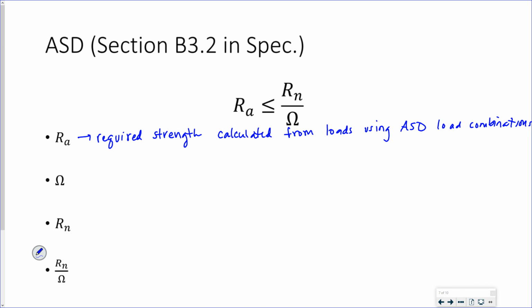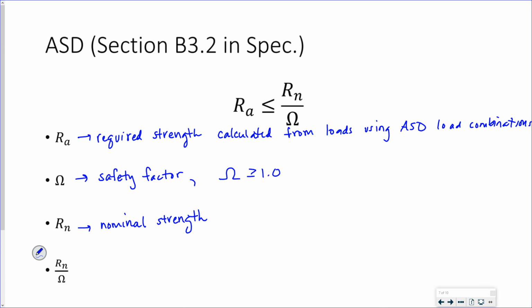Then we have an omega, which is our safety factor. Again, our Rn is our nominal strength. That doesn't change. But what changes is instead of multiplying by a resistance factor that is less than 1, we're dividing by a safety factor, which is greater than or equal to 1.